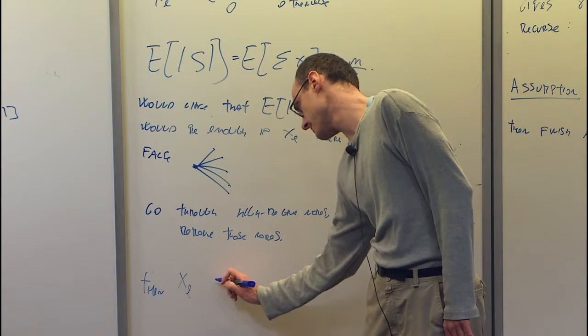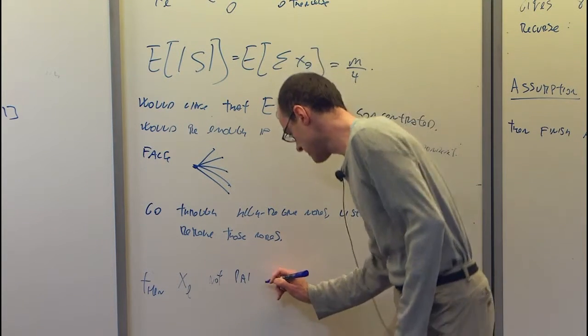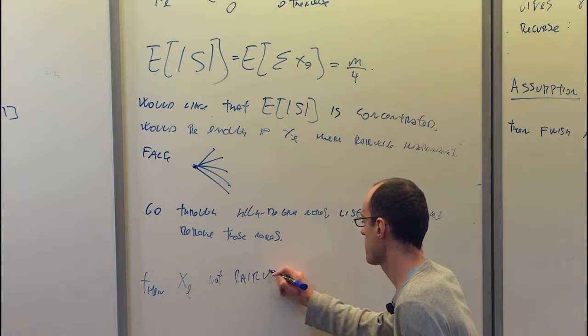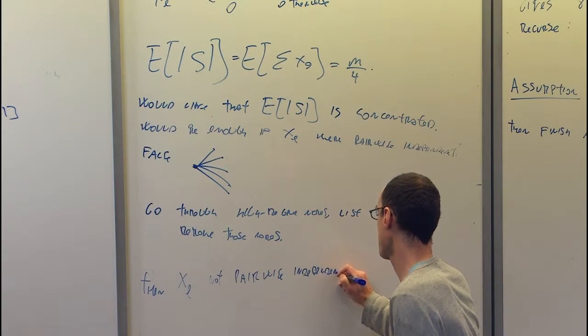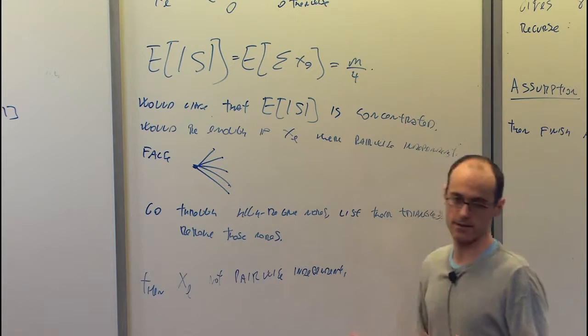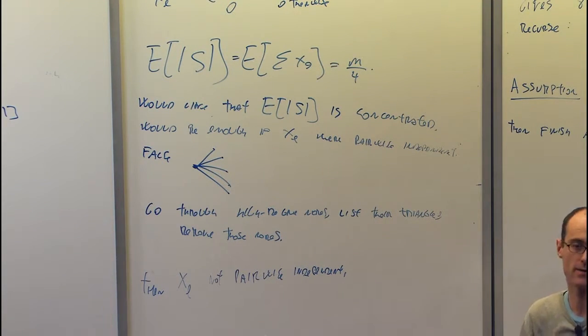So the x_e are not pairwise independent, but have limited dependence. I've removed the high degree nodes, so each variable is now just going to affect m over a million other variables, and that's enough to carry through an argument like Chebyshev inequality.